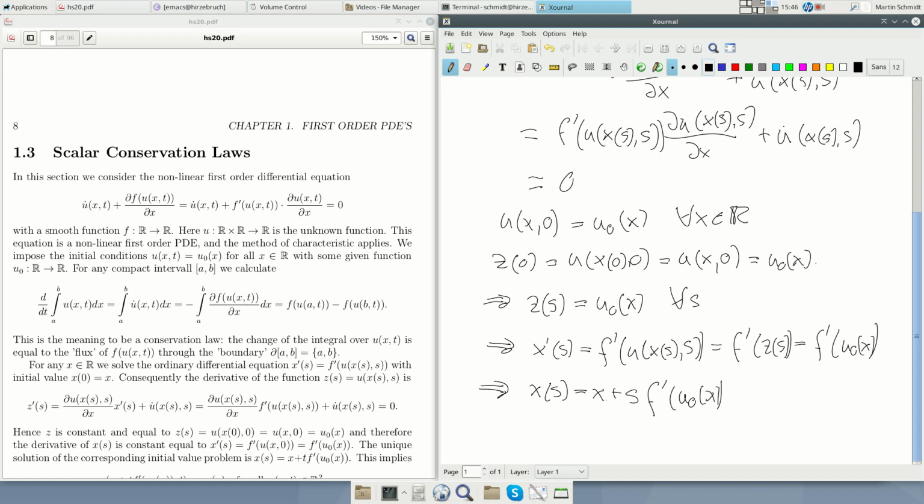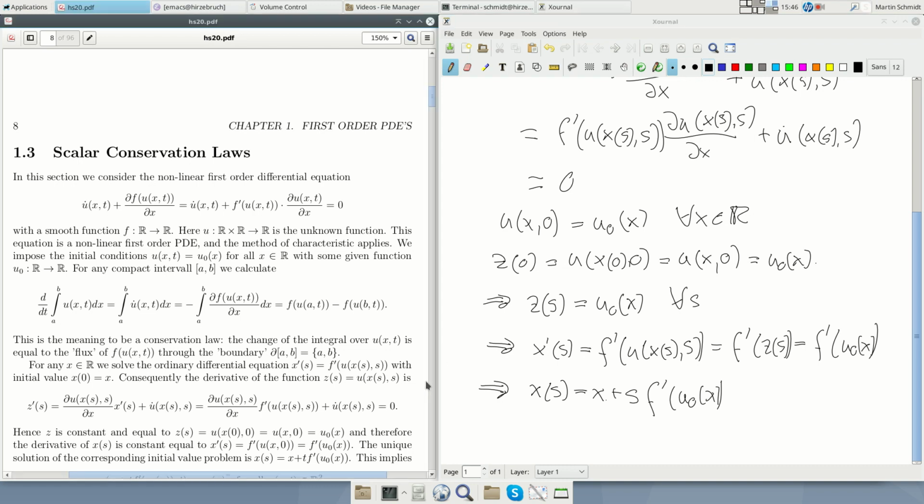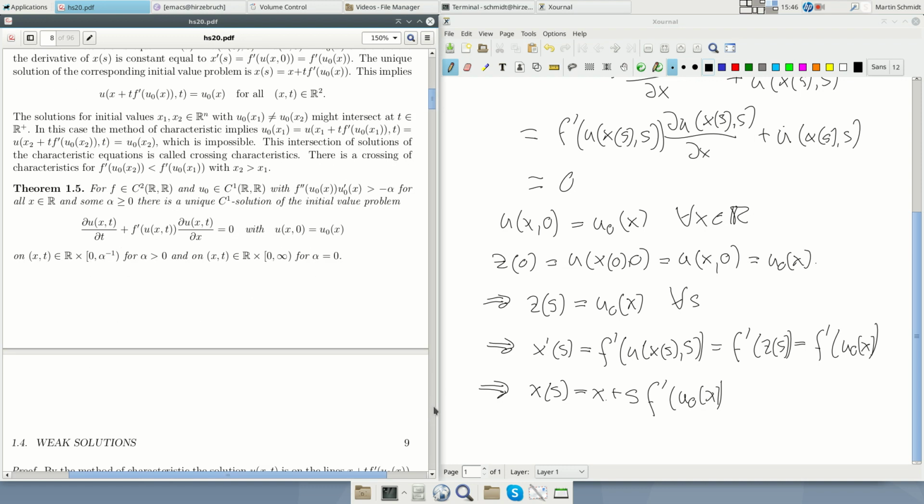Okay, so what is the outcome? So we obtain this equation, or x of t.